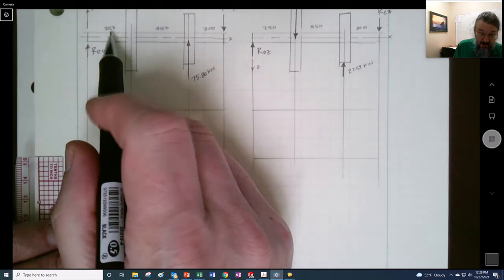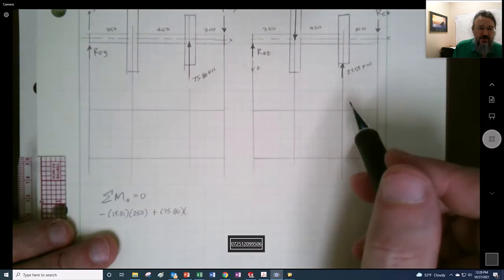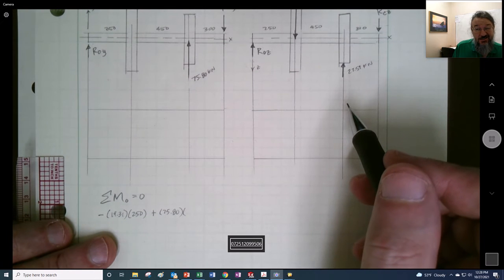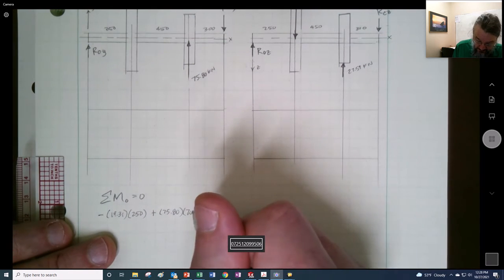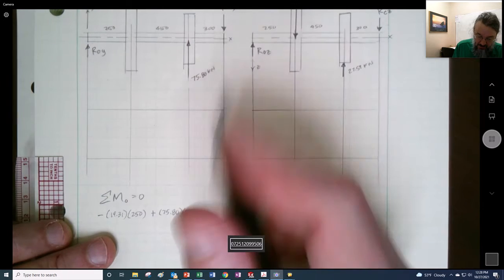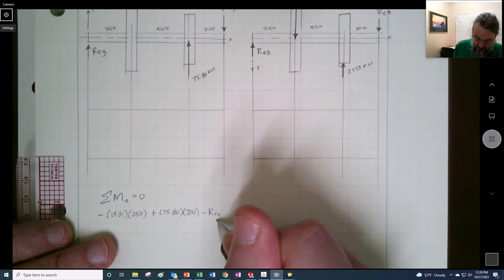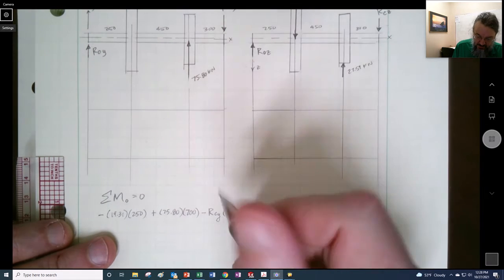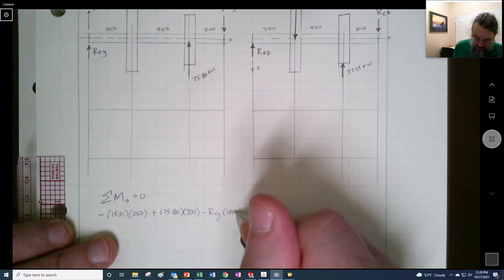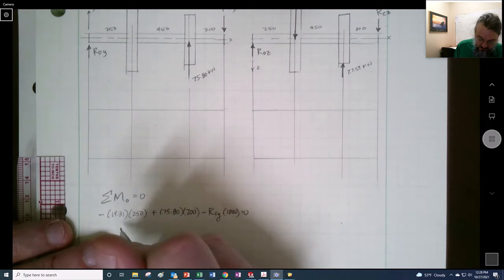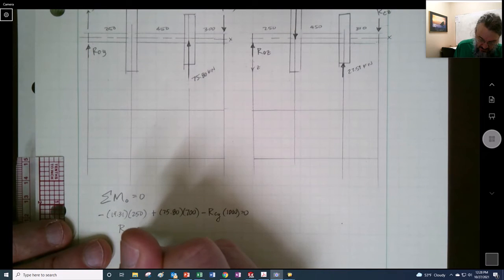And then we need to have 250 plus 450, so that's 700, yes. And now lastly, this is the thing we want to get, and he's negative here, RCY. And so that should be 1,000, right? Or 1 meter.